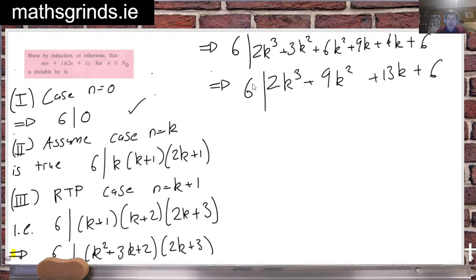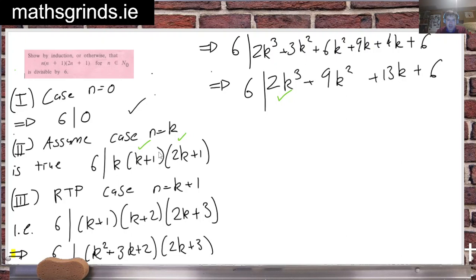So I like the 2k cubed because if I take the k out, it'll leave me with 2k squared, which is what I want there. Now, if I take the k out here, I'd be left with 9k. Is that really what I want?